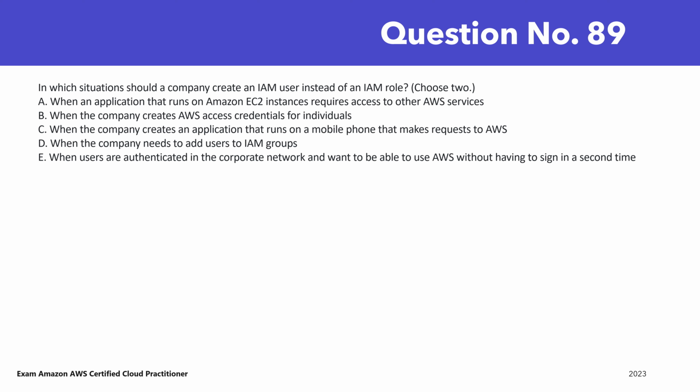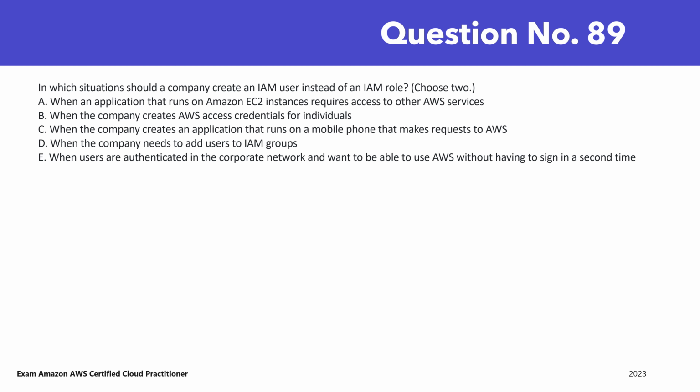In which situations should a company create an IAM user instead of an IAM role? Choose 2. A. When an application that runs on Amazon EC2 instances requires access to other AWS services. B. When the company creates AWS access credentials for individuals. C. When the company creates an application that runs on a mobile phone that makes requests to AWS.